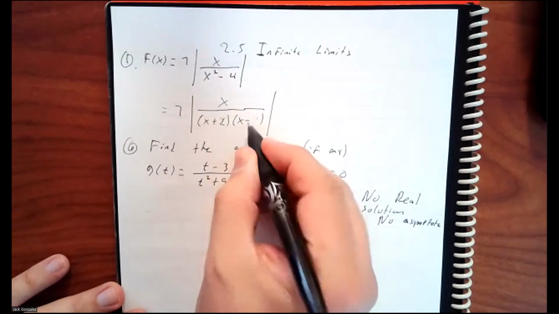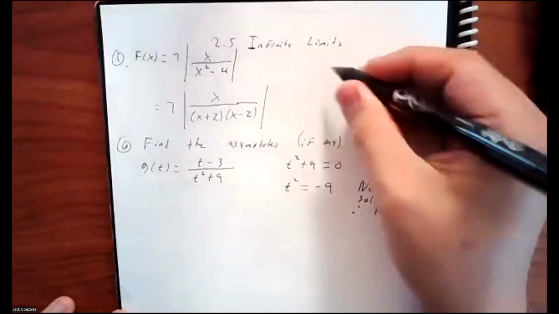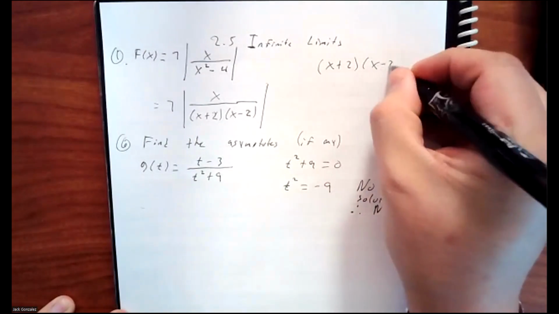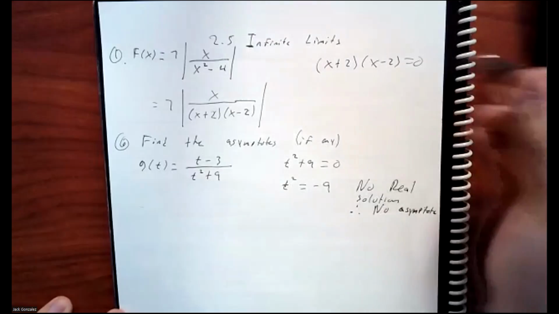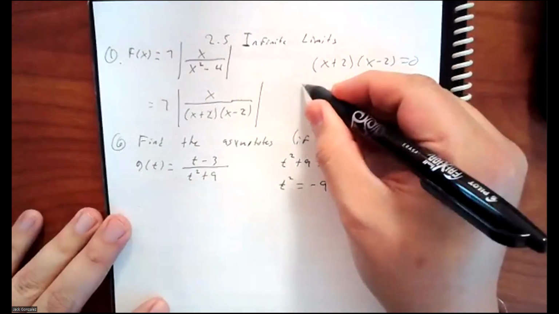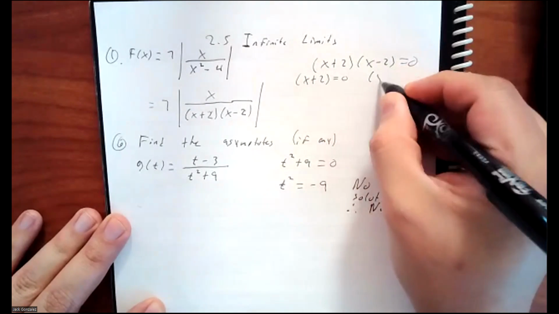Thank you. So if they were to have asked for number 1, you would have said set this bottom part to 0 and solved. Right? But they didn't, so we're good.